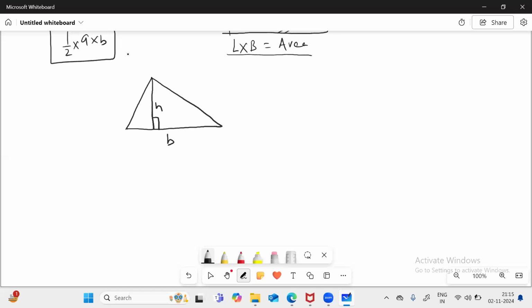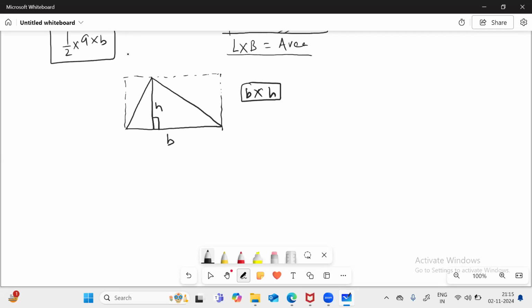So if we make a rectangle out of it, this rectangle will have the area B into H. And what we can visualize here is that the triangle is half of the rectangle. How?